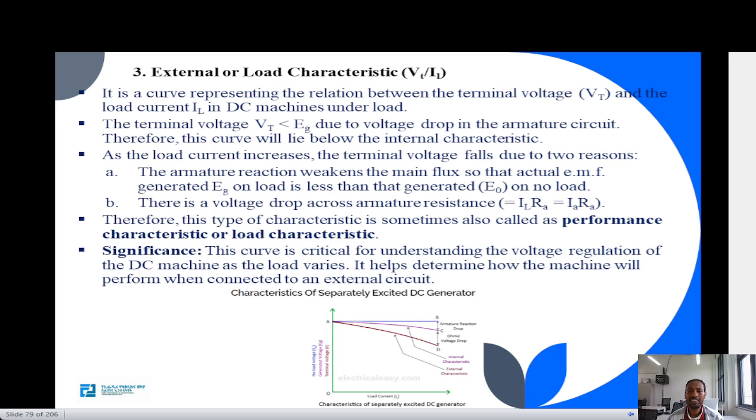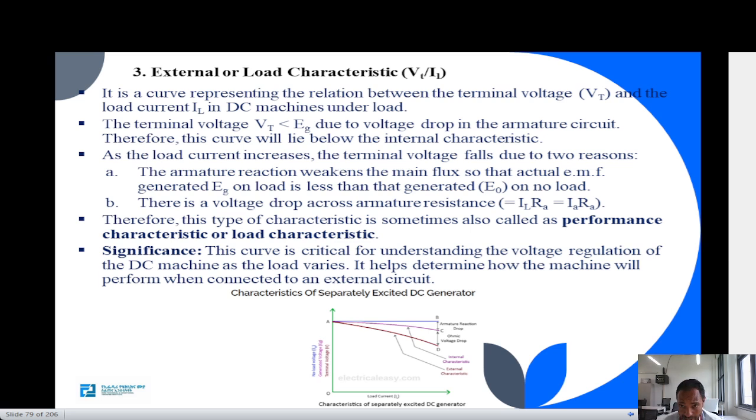And the third, external characteristics or load characteristics. These characteristics tell you the relation between terminal voltage and load current in a DC machine under loading condition.